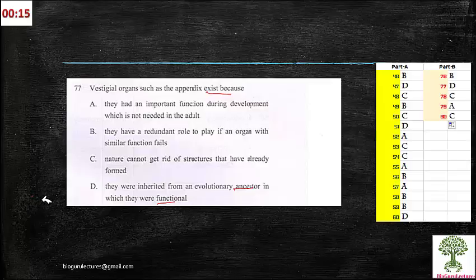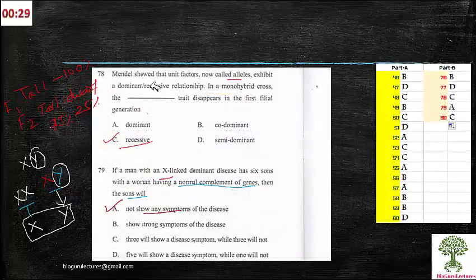Next, 78th one. Mendel showed the unit factors, now called alleles, exhibit a dominant recessive relationship. In a monohybrid cross, the dash trait disappears in the first generation. It's recessive. When you consider Mendel's experiment, first he took tall and dwarf plants.